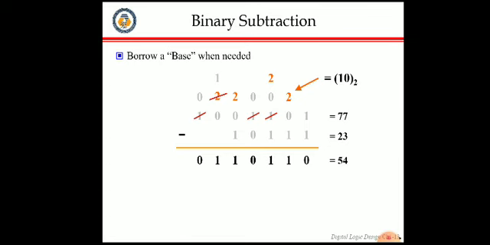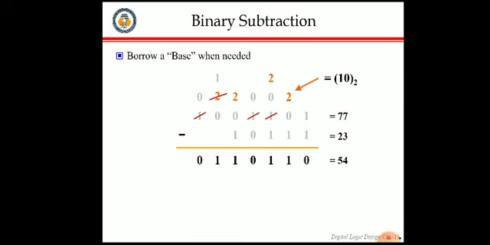Why borrow 2? Borrow 2 because radix 2. So we are taking borrow radix 2. Based upon that, you have to decrement one from the higher position, because you have borrowed 2 from that position. So these two things you have to do.